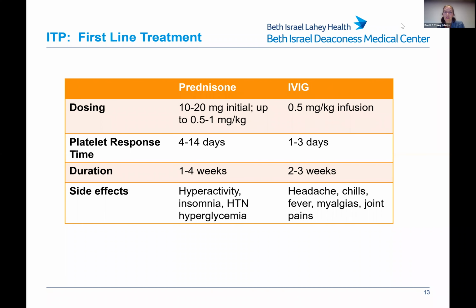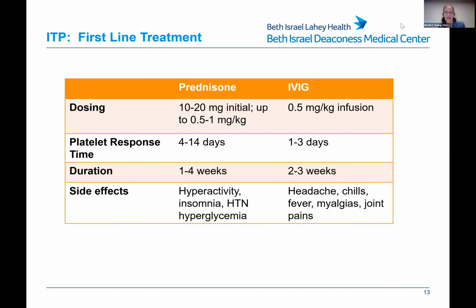There may be some hematologists that prefer the use of IVIG, and I take care of a lot of patients whose hematologist prefers starting with IVIG, or some prefer prednisone. There's not necessarily one that's better than the other, although certainly they have a different cost, with IVIG being more expensive. They have a different platelet response time, with IVIG typically having a faster response.